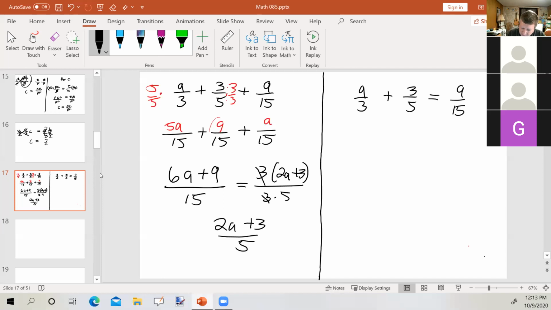Now, on the right side, that is an equation. What's the LCD? 15. Same thing, right? But now I'm going to multiply both sides of an equation.